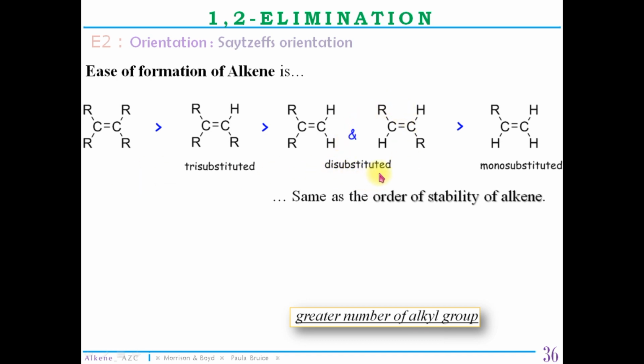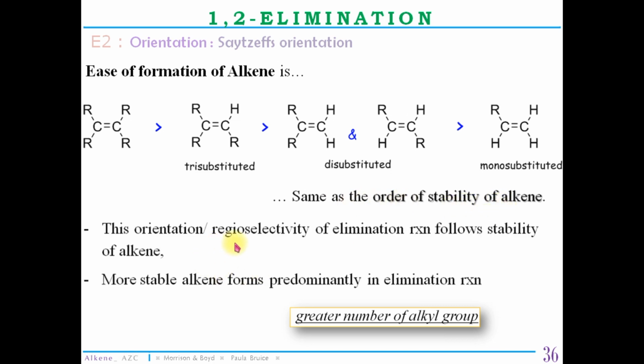So this ease of formation of alkene is the same as the order of stability of alkene. The orientation or reactivity of elimination reaction follows the stability of alkene, that is, the more stable alkene forms predominantly in elimination reaction.